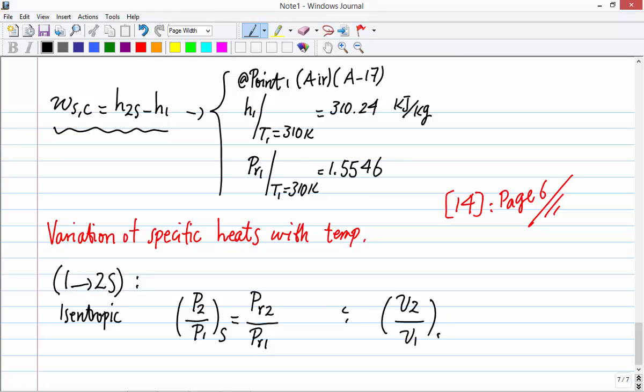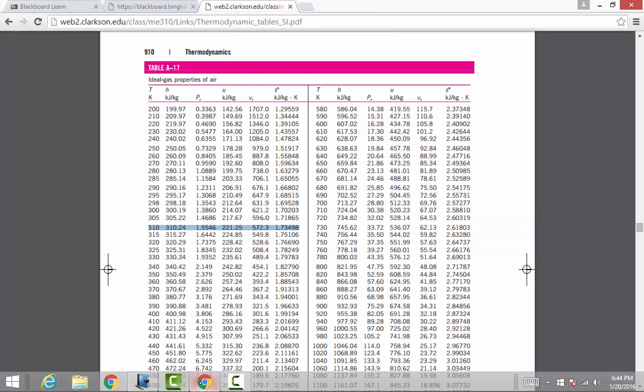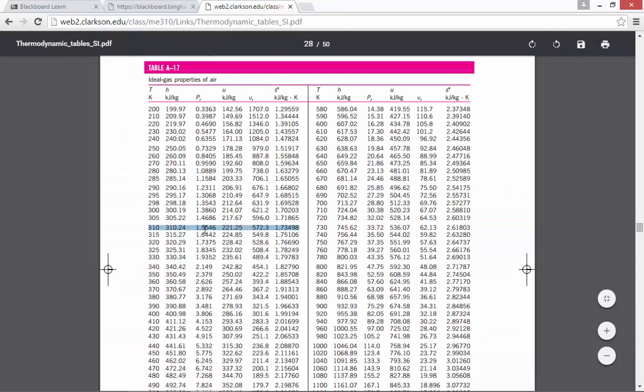Yes, of course. Okay, then here's a table. I can give you VR2 divided by VR1. All these relative properties, VR and PR, are given in the table. See, I showed you before. Here PR, all that column, and VR, and likewise in these columns.